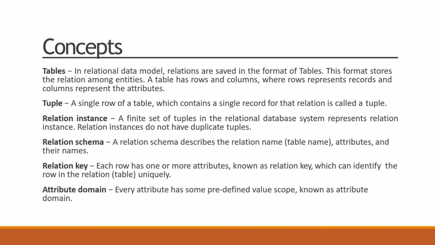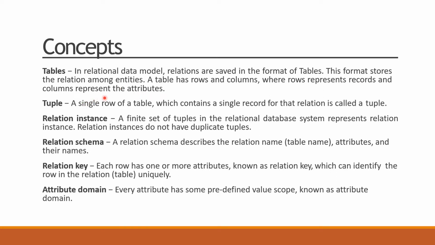Here are some concepts and terminologies that we use. Tables in relational data model. Relations are saved in the format of tables. This format stores the relation among entities. A table has rows and columns where rows represent records and columns represent attributes. This is very simple to understand.